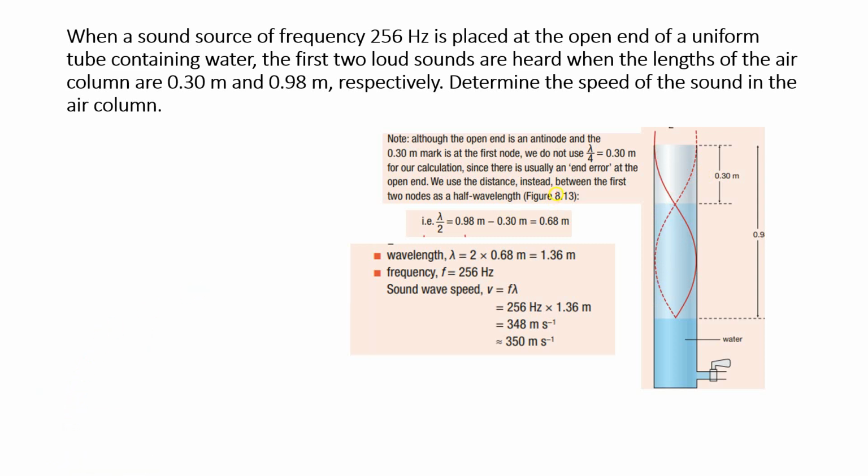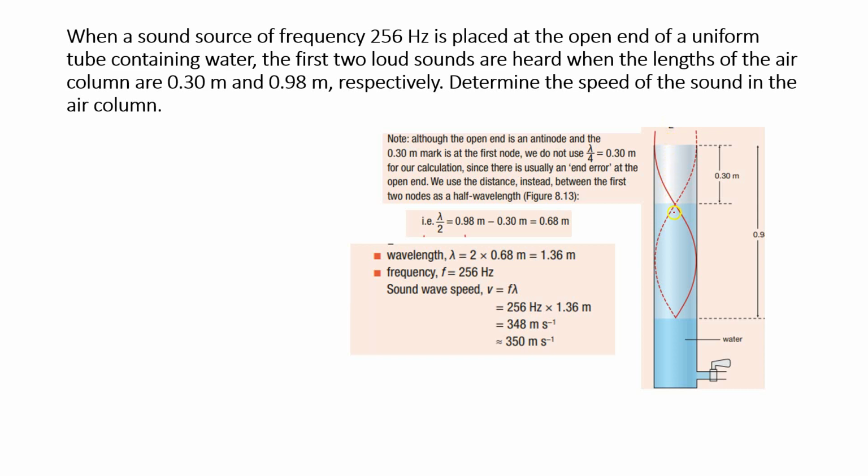So for us to measure the wavelength of sound waves, what you would do is allow water to be in a column like this. Then you would slowly let out the water, providing that you have a source that is providing a consistent frequency of sound.